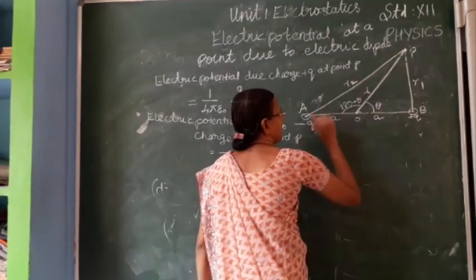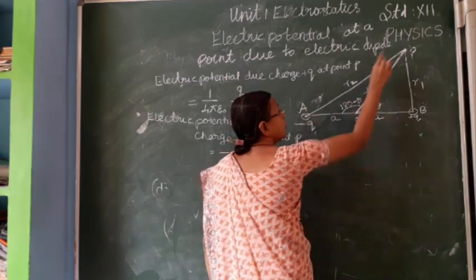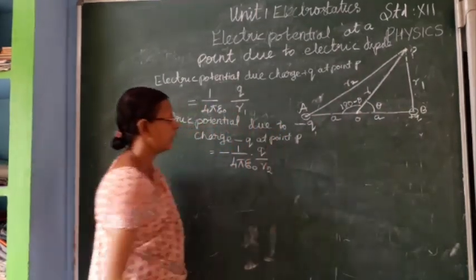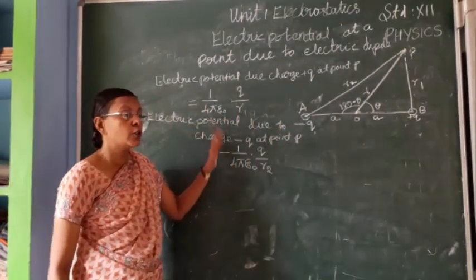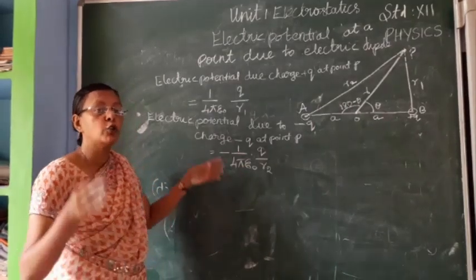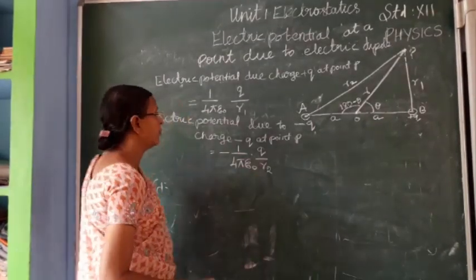What is r here? The distance from minus Q to P, R2. Okay. So now these two separately, now the total potential we have to find out.